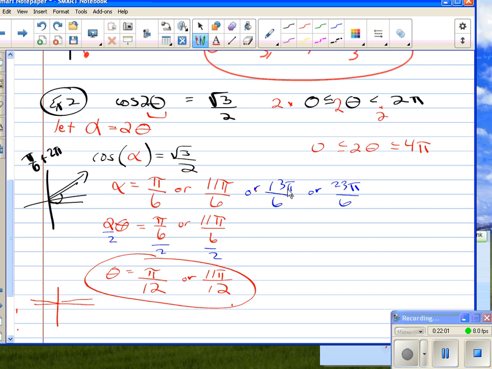Should I use the 3? Yes. So now, these are my extra values here. Well, I can still solve them for theta the same way. Because remember that alpha was just 2 theta.